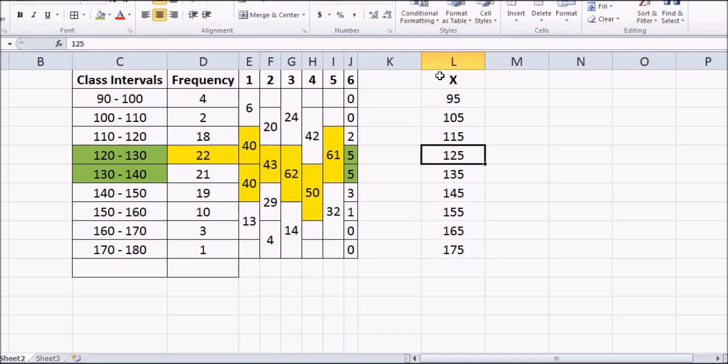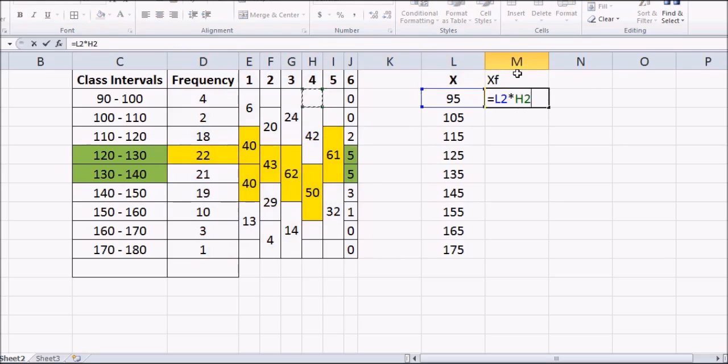So these are my x values. Then I need the frequencies which are here, so I can now calculate my x into f. So x is here multiplied by f, which is in this cell, and then I can drag it down to all the remaining cells.